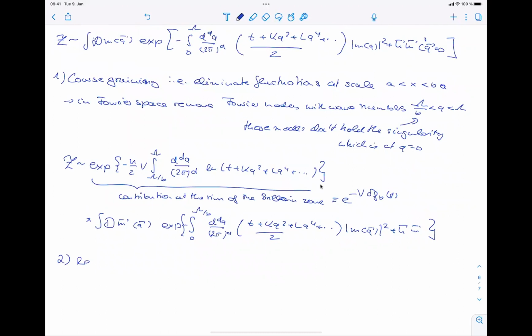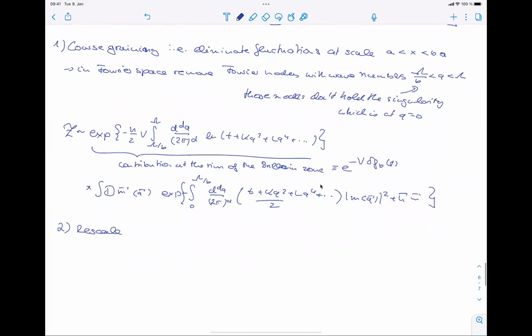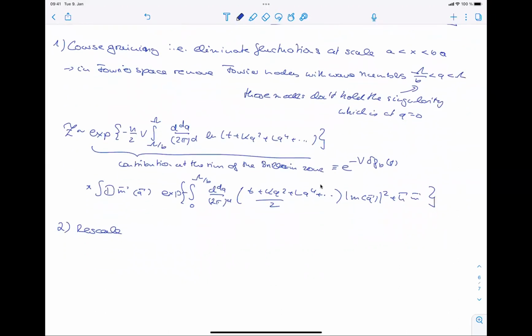So rescale by setting first the space dimension x as x over b, which translates to momentum space as q as bq.